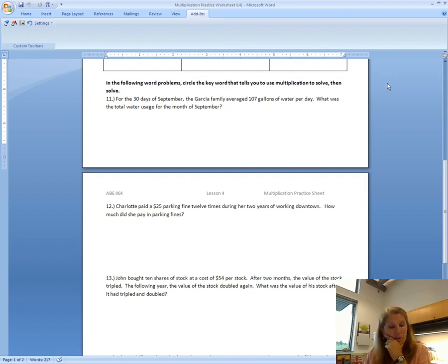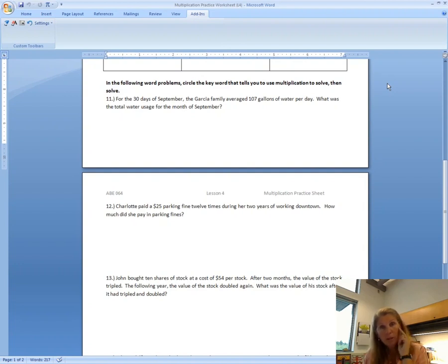On number 13, it says John bought 10 shares of stock at a cost of $54 per stock. After 2 years, or 2 months, the value of the stock tripled. Key word. And the following year, the value of the stock doubled again. What was the value of his stock after it had tripled and doubled?